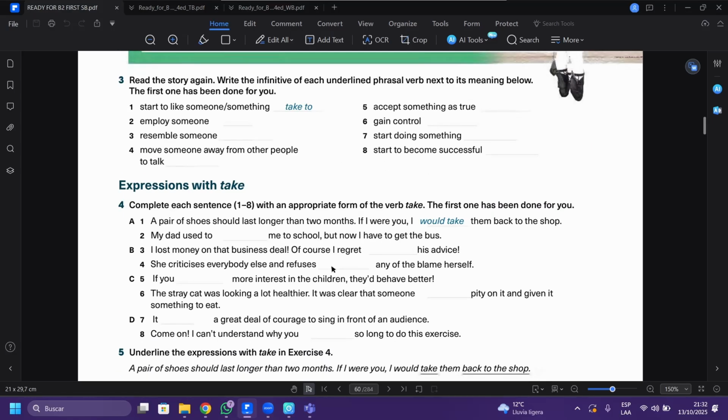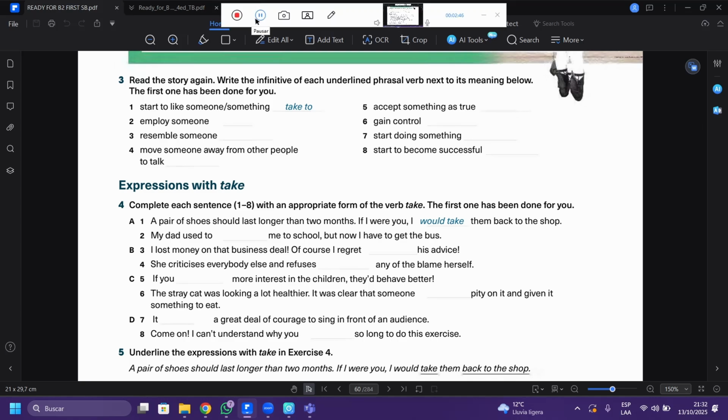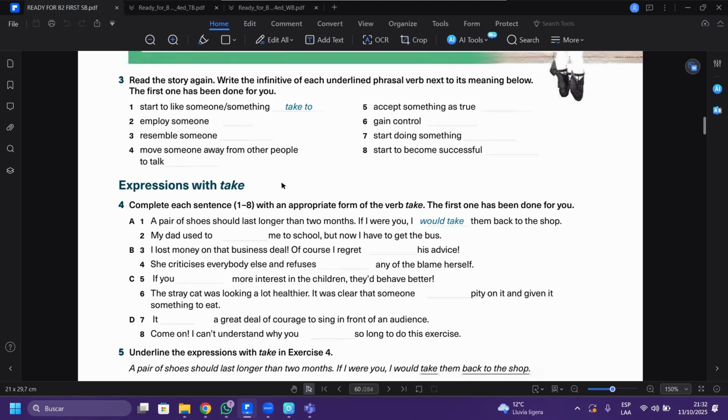Number 4. She criticizes everybody else and refuses any of the blame herself. To take any of the blame herself? Yes, any of the take. In this case, we have to use a phrasal verb.